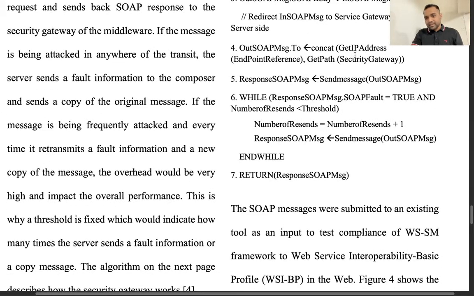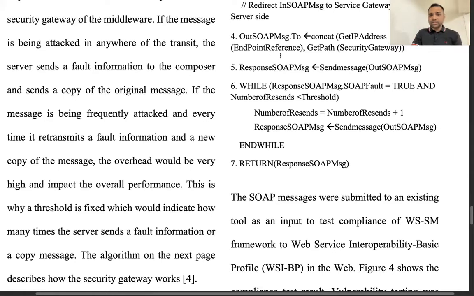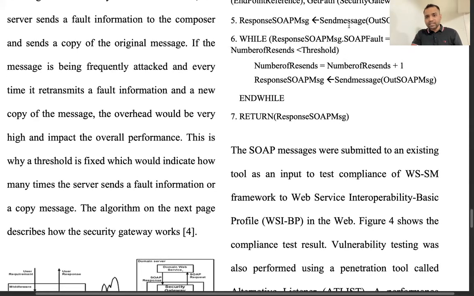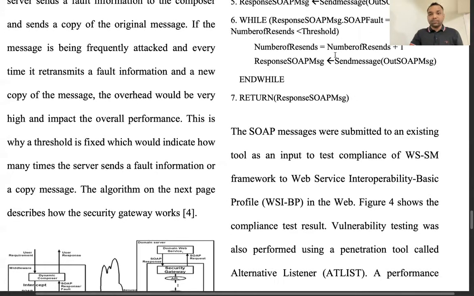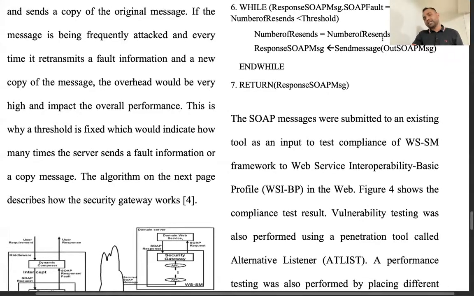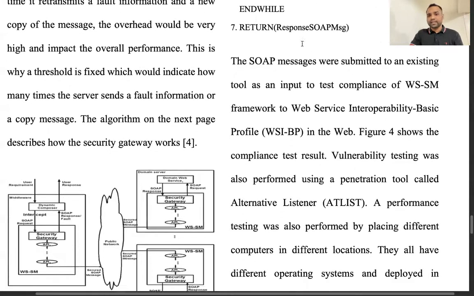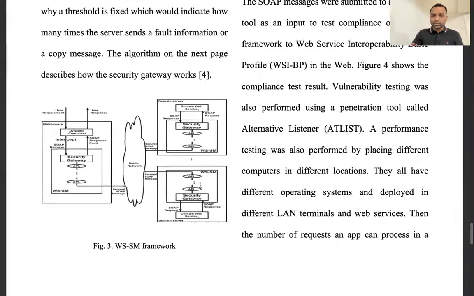The output SOAP message again gets the IP address of the sender, the endpoint reference, and the path of the security gateway, which path the message will be sent through, and the response SOAP message tells how many times the message will be sent. While the response SOAP message is a SOAP fault equal to true and the number of resends is less than the threshold, at that time, as I have already described, the number of resends becomes the number of resends plus 1, and the message is sent again. When it crosses the threshold, it doesn't send the message, ends the while loop and returns. So this is the security protocol.